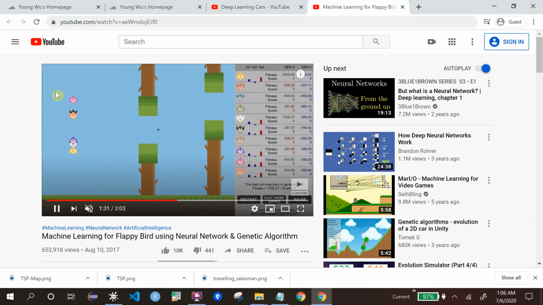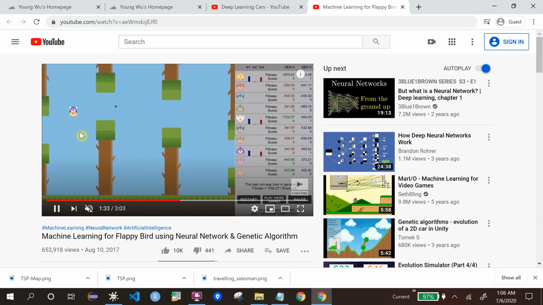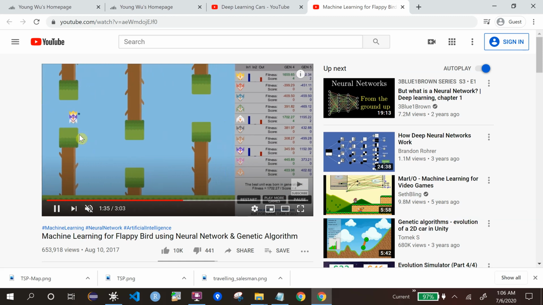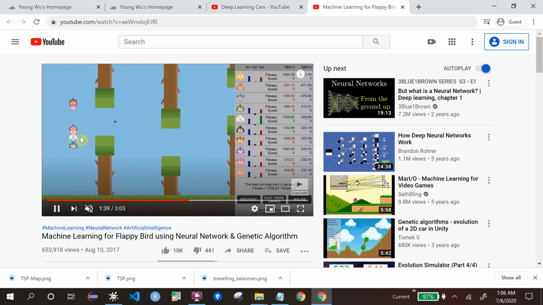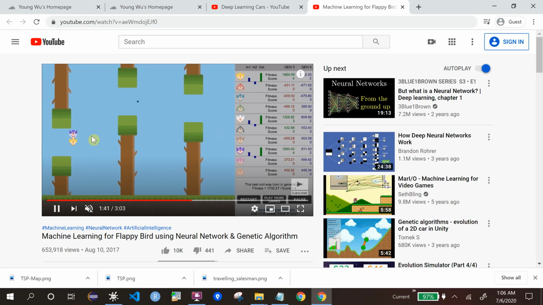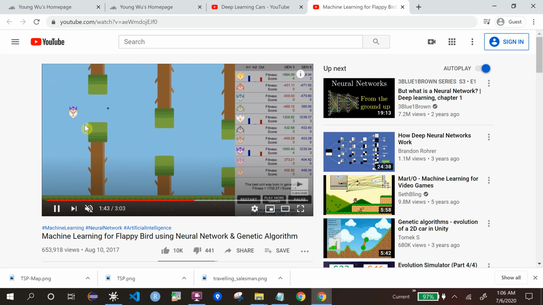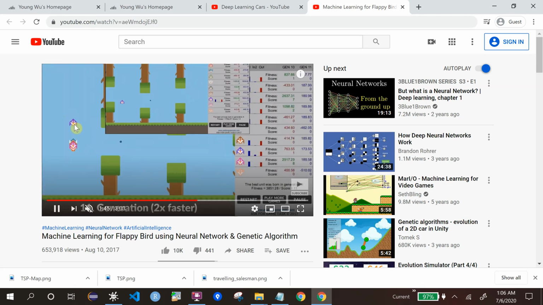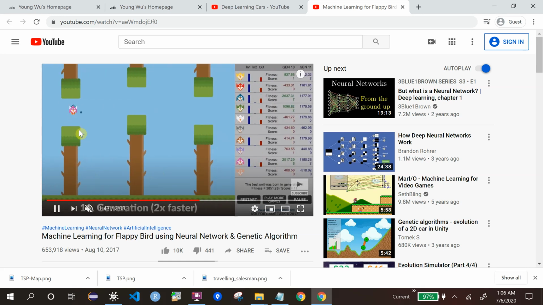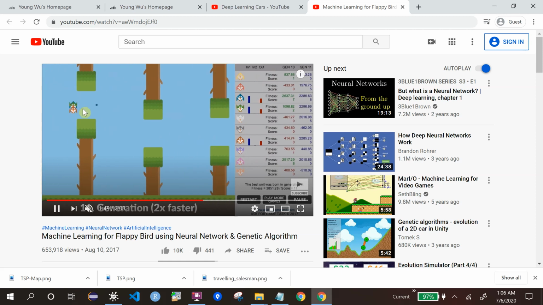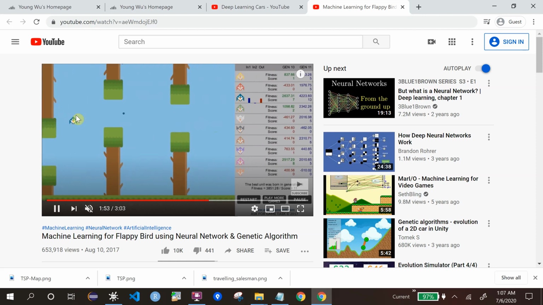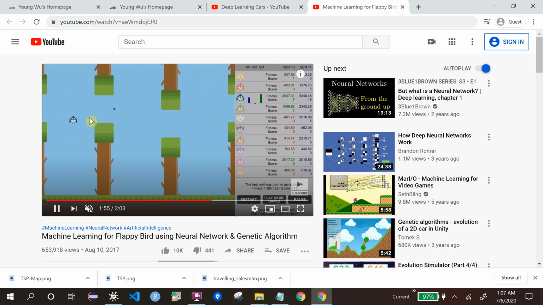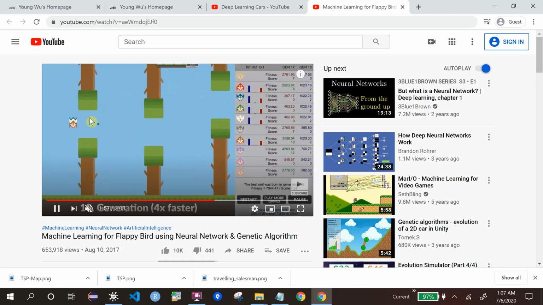So what we're having is, at the beginning, there's a population of birds, and we just let them fly according to some neural network. Some of the neural networks perform better than others. So these ones, for example, are good. And we just repeat this many times. And here, as you can see, a lot of the children of these birds are performing very well already.